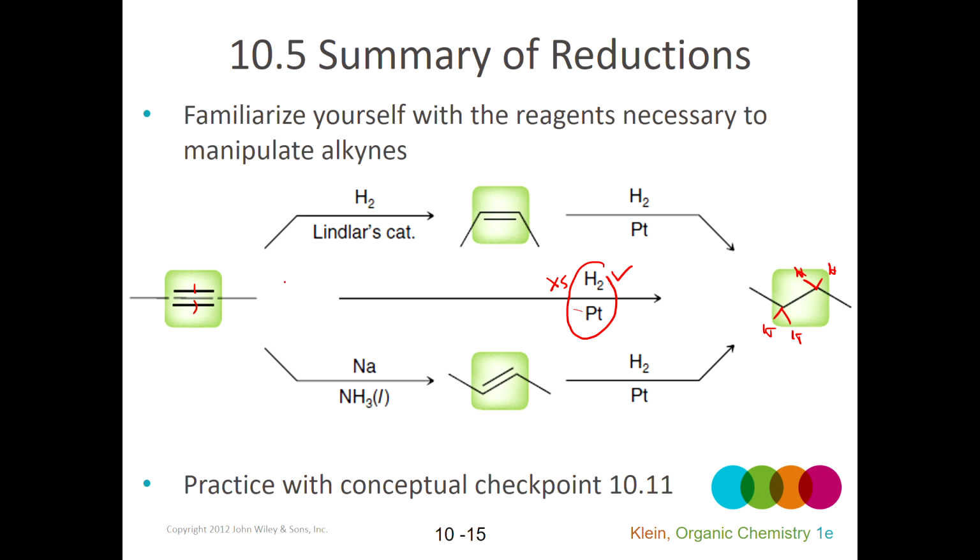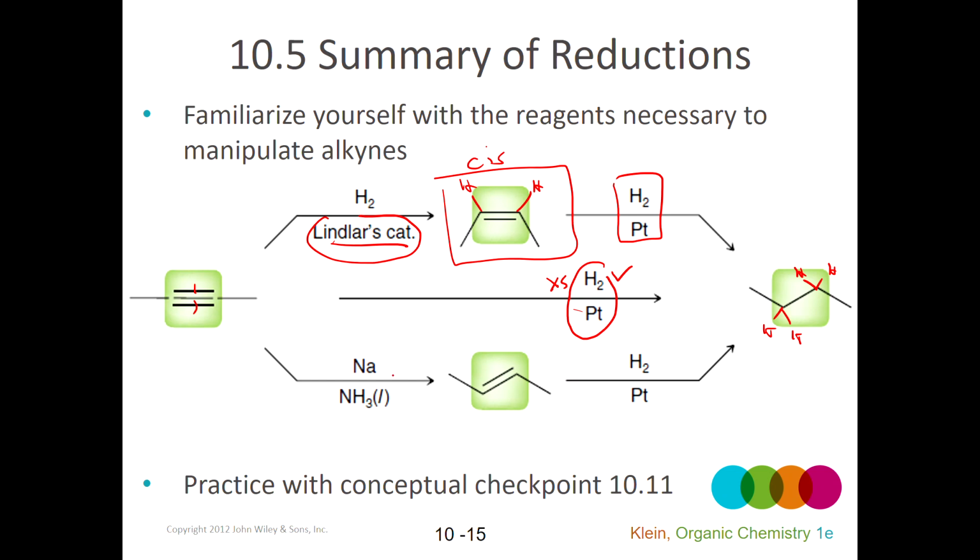If you don't want to go all the way to the alkane and use the Lindlar catalyst, that will add the hydrogens in a syn addition and stop at the alkene. If you want to go further, you can then add hydrogen after that, which would be silly because if you're going to do that, you might as well just do it from the start. So the Lindlar catalyst is used if you want to stop at the alkene that's cis.